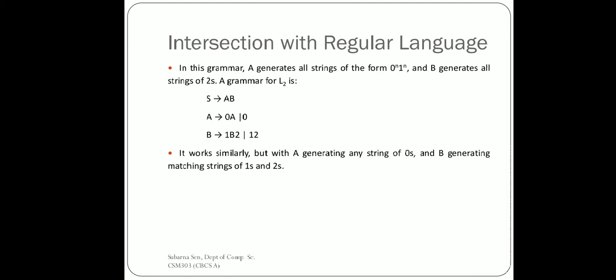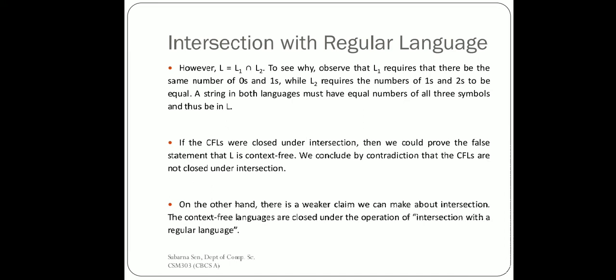Fine, so now we will see what the intersection results in. L1 requires that there be the same number of zeros and ones, while L2 requires the number of ones and twos to be equal.